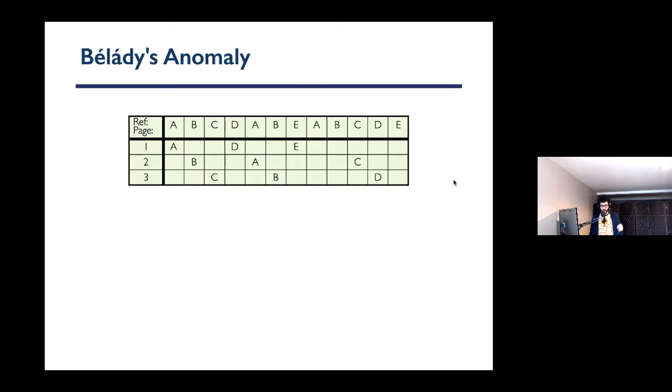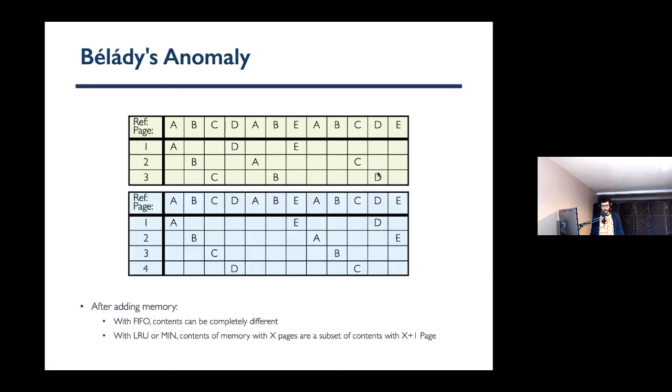One example is actually first come first serve. In this example that you're seeing, we're running first come first serve with a memory that has 3 pages. So the size of the memory is 3. We run FIFO. How many page faults do we get? 1, 2, 3, 4, 5, 6, 7, 8, 9. So 9 page faults for a memory with size 3 running FIFO. Now let's increase the size to 4. So now I have increased the memory size and run FIFO again on the same sequence.